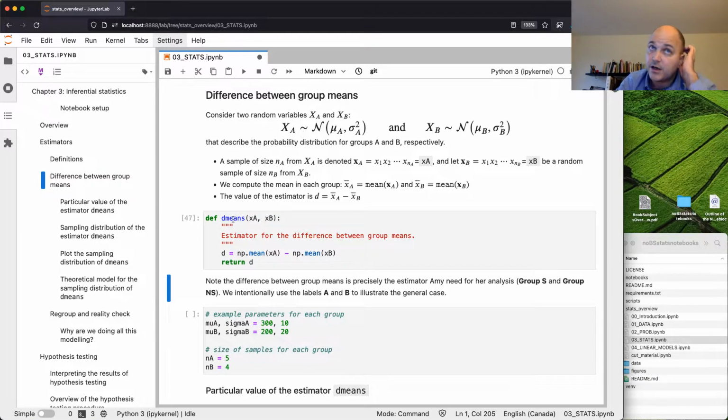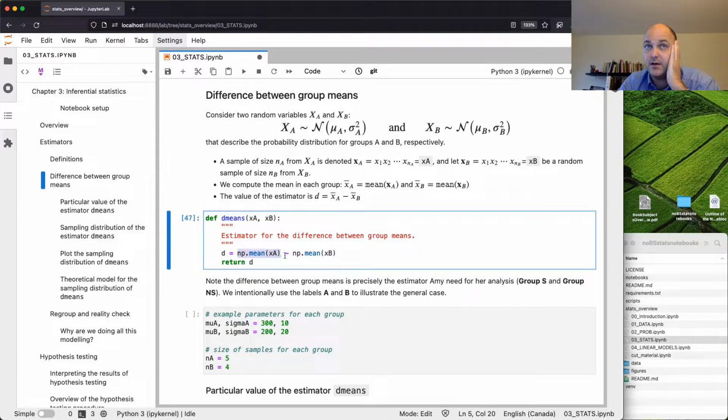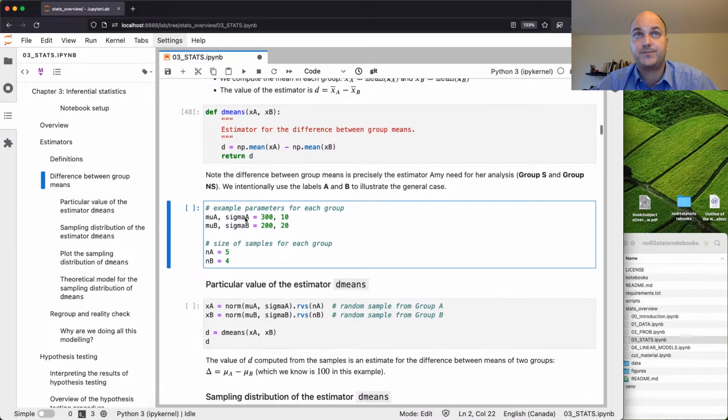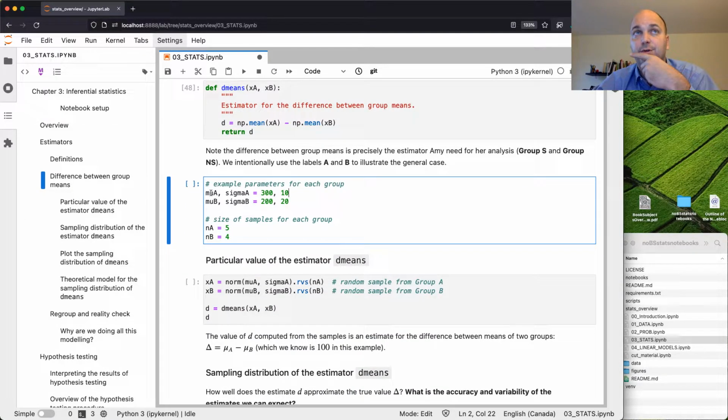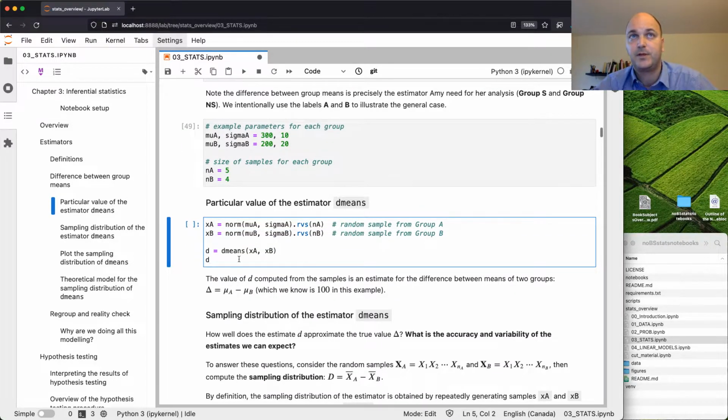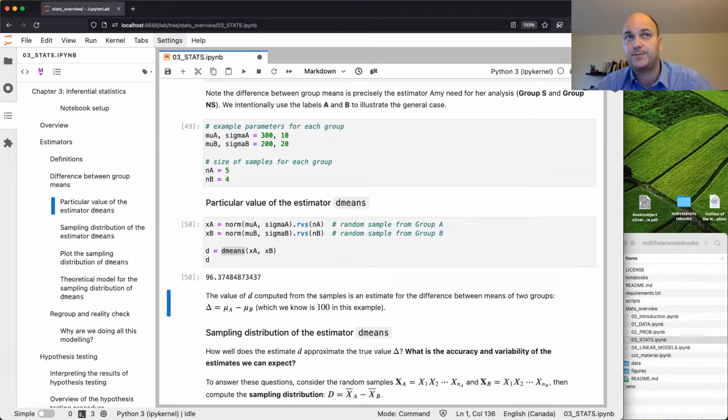Here is a function that computes that: compute the mean of sample 1, compute the mean of sample 2. Let's try that function for a population with these parameters, with a mean of 300, and samples of size 5 and 4. Here is a sample from group A, and here is a sample from group B, and we compute the difference of means.